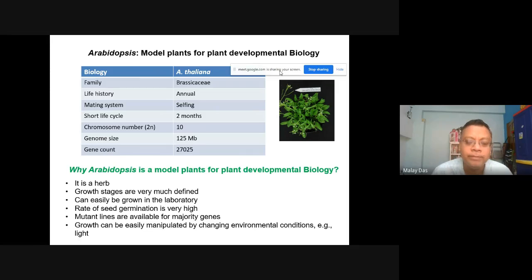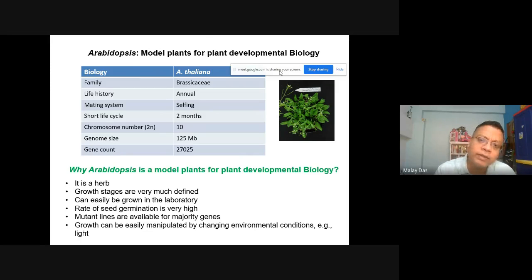Most importantly, since Arabidopsis is one of the first plant genomes to have been sequenced, mutant lines are already available for most of the genes, and it is very easy to obtain the mutant lines from international depositories such as the Salk depository in the US, from where we can get seeds and design genetic experiments.